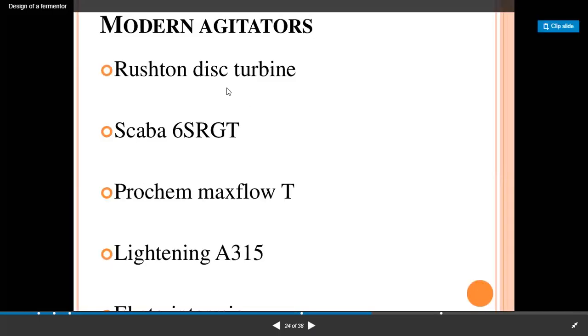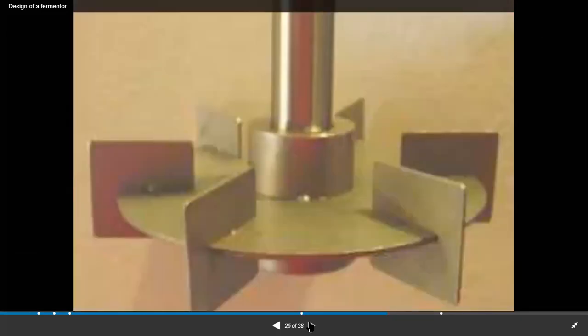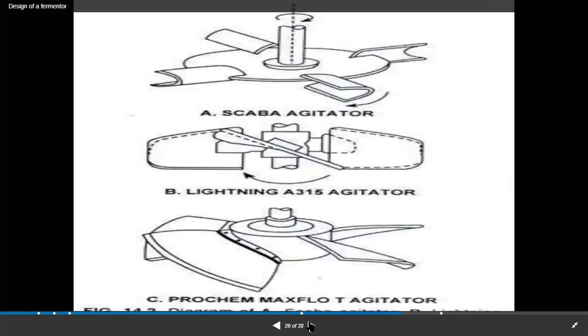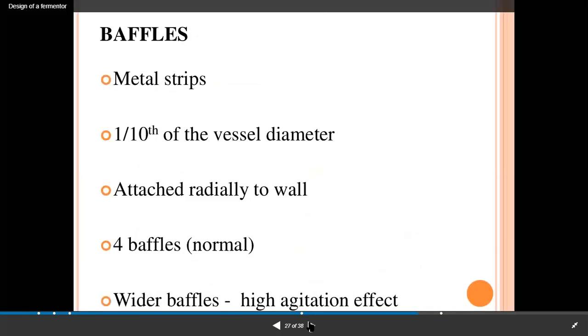Modern agitators are the Rushton disk turbine, Scaba 6SRGT, Prochem Maxflow T, Lightnin A315. These are all different types of advanced agitators.